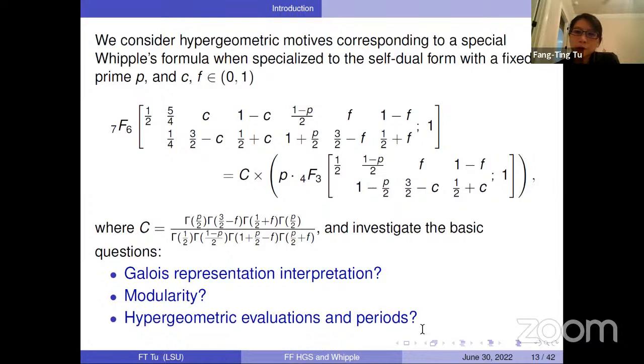But in this joint work, we first consider some special cases coming from the hypergeometric data defined over Q, and we give the answer for those cases. So the first step is to identify the hypergeometric data coming from this Whipple formula.